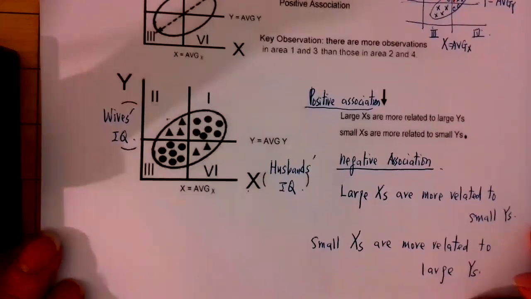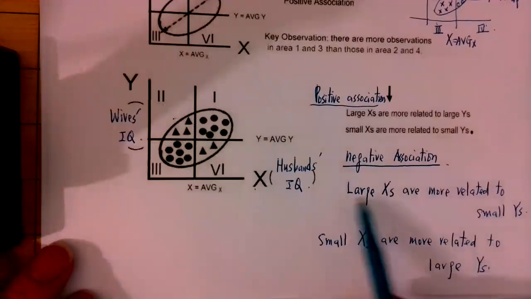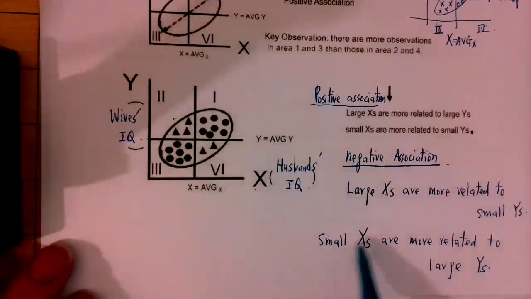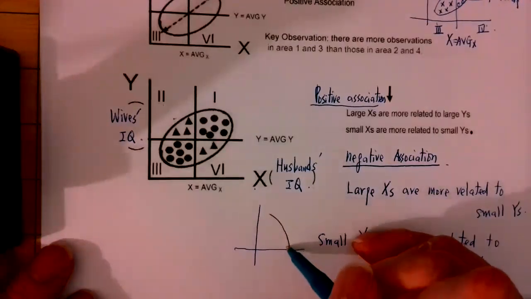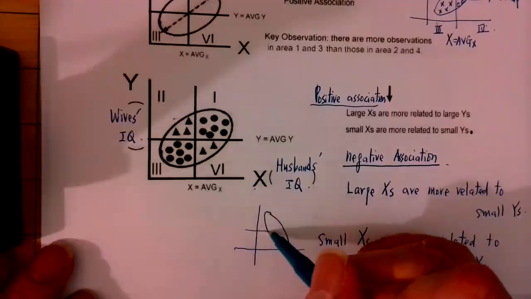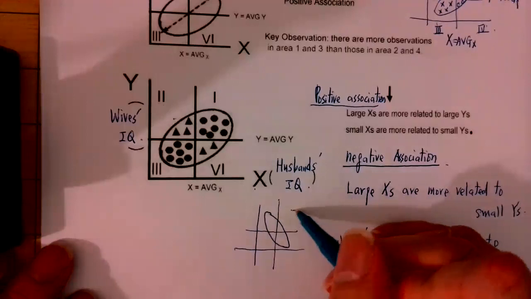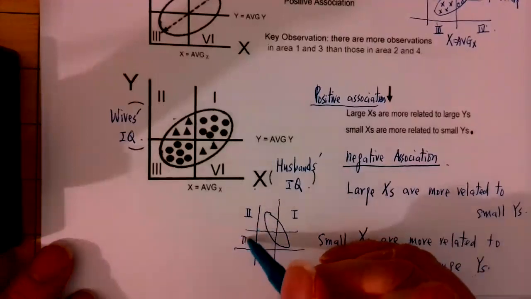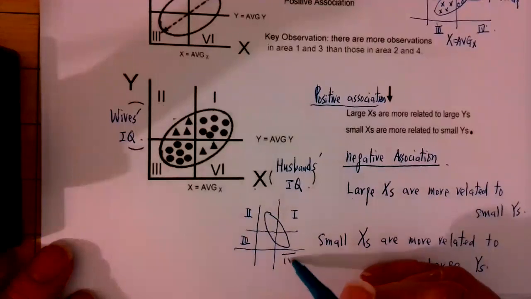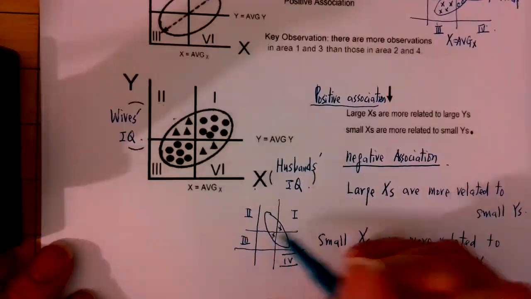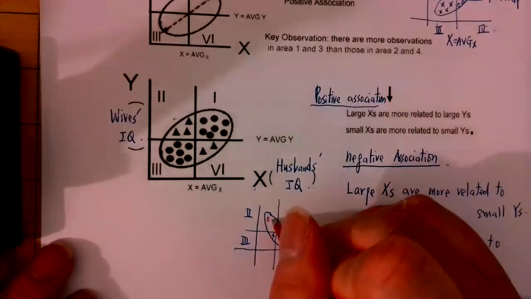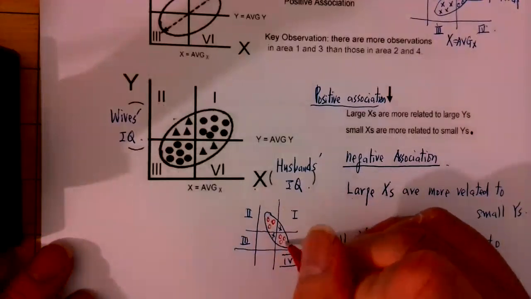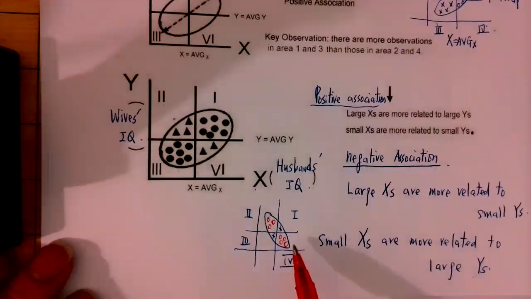Okay? Negative association. Large X are more related to small Y's, and small X are more related to large Y's, as you can see from the picture. For negative association, you have more observations in area 2 and 4 than those in 1 and 3. Okay?